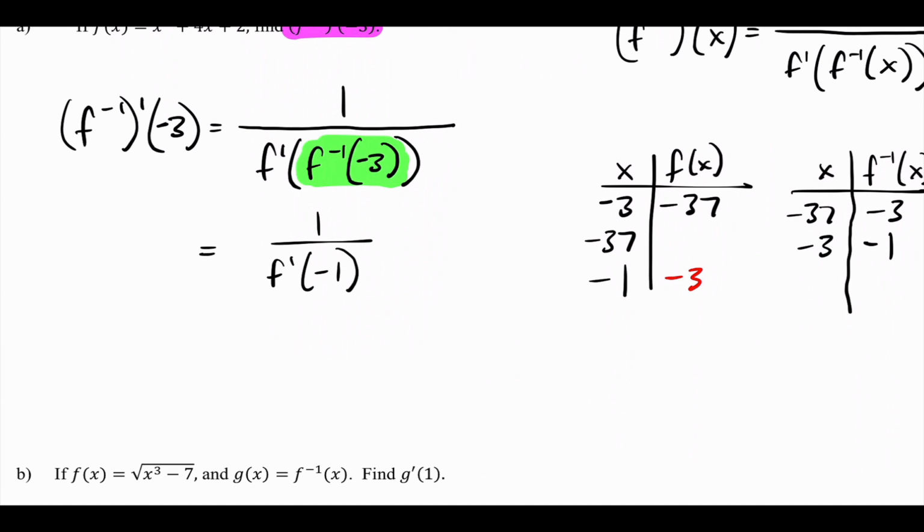That's probably the hardest step. So now I have 1 over, the green guy is no longer there because its value is -1. F prime of -1. How do I find that? How do I find f prime of -1?